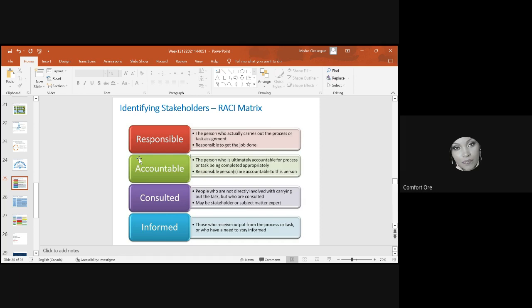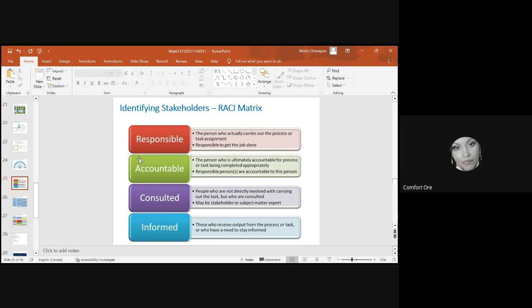So accountable could be the project manager, and responsible could be the BA. Those consulted will be the business, people who are not directly involved in carrying out the task, but who are consulted, maybe the stakeholder or the subject matter experts.